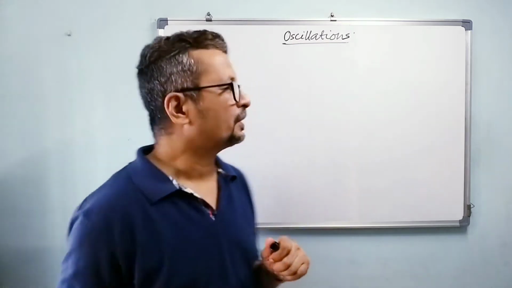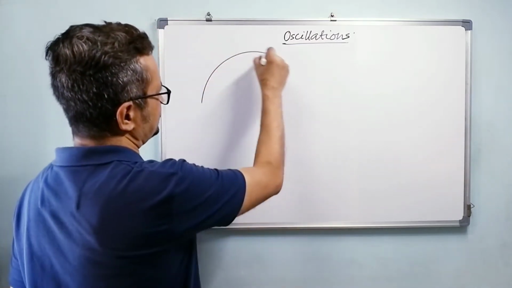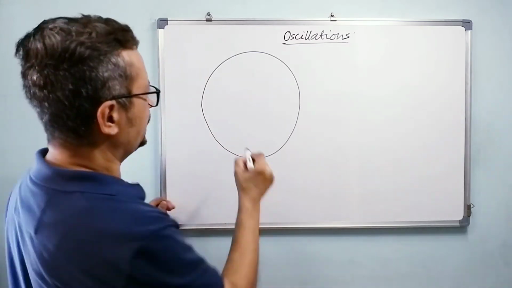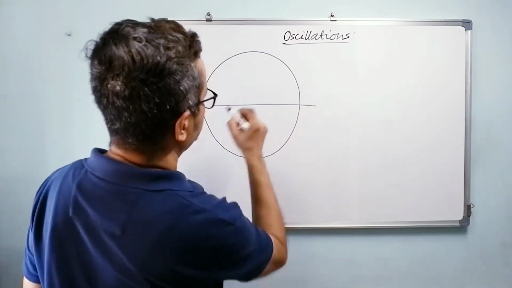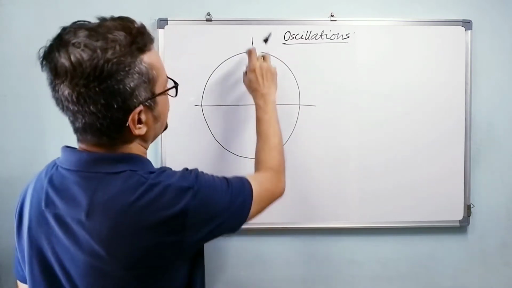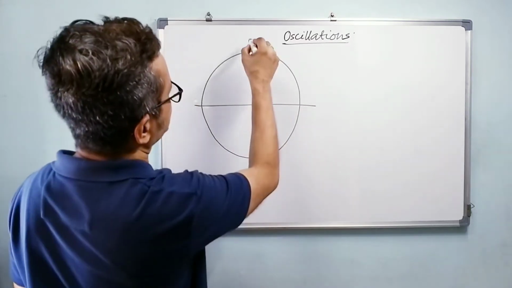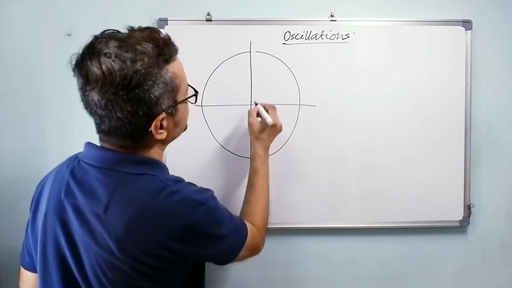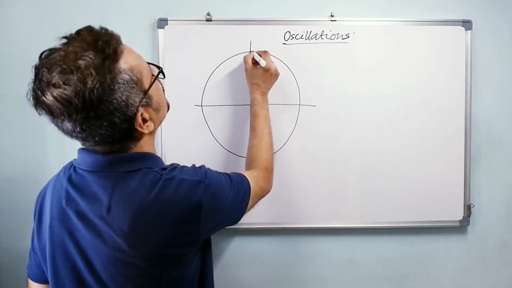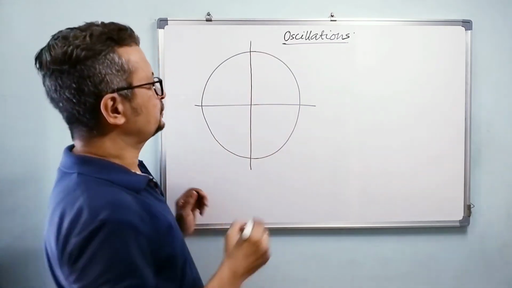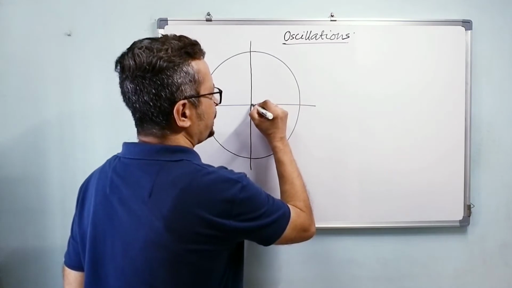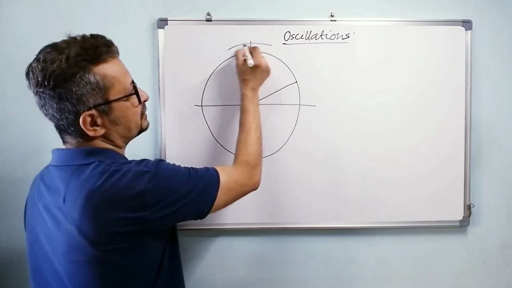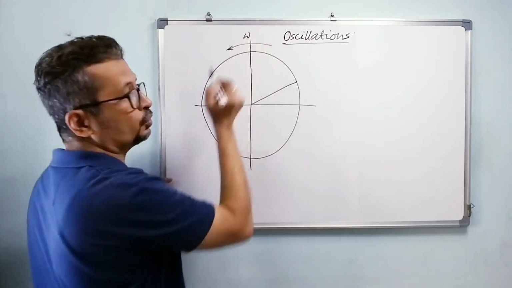Let us see how. I have this particle performing circular motion, and this is our coordinate axis here. So now my particle is performing circular motion along the circumference of this circle with angular velocity omega.